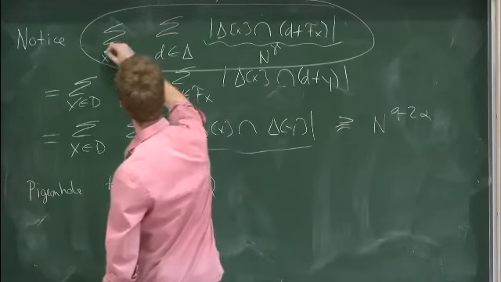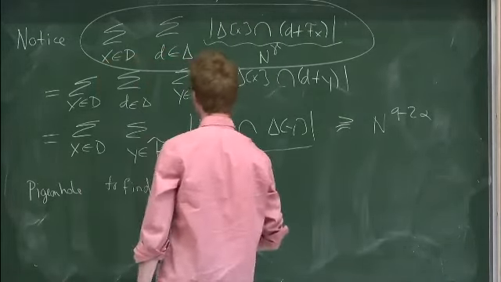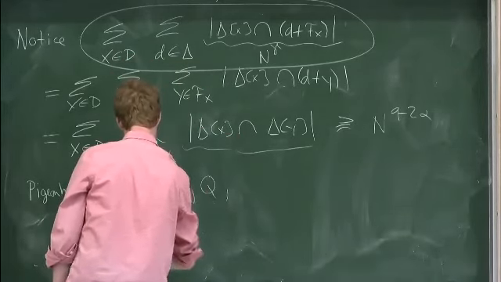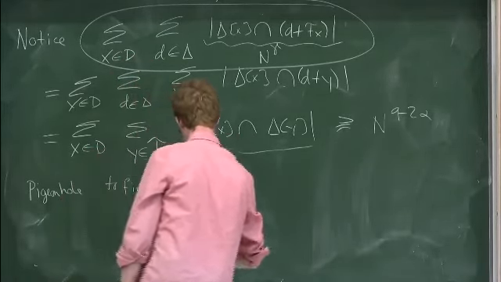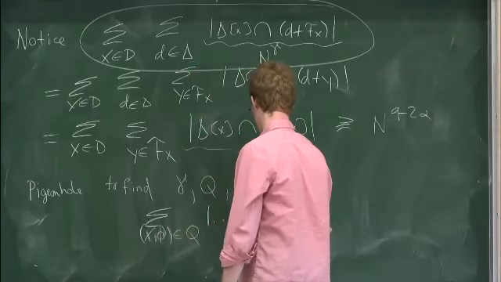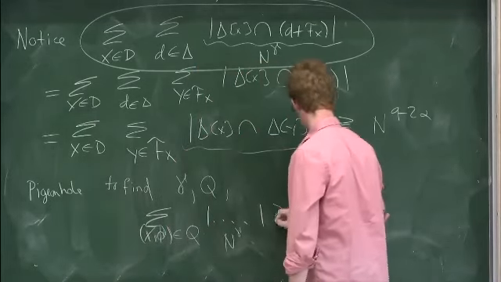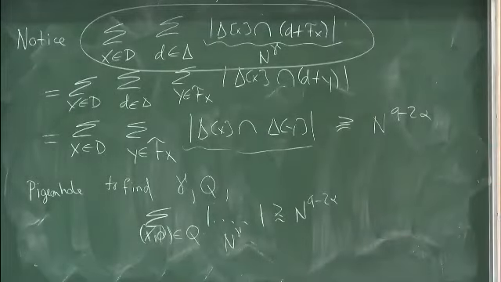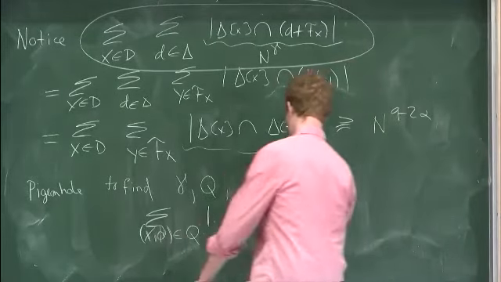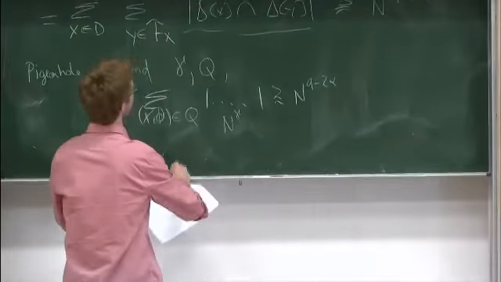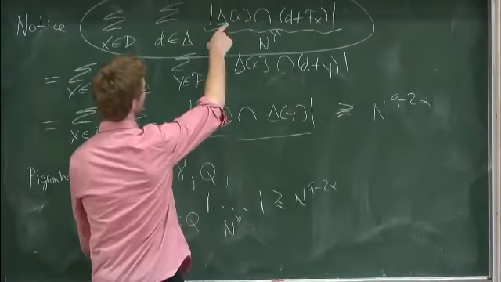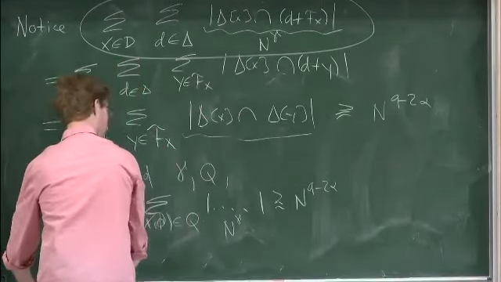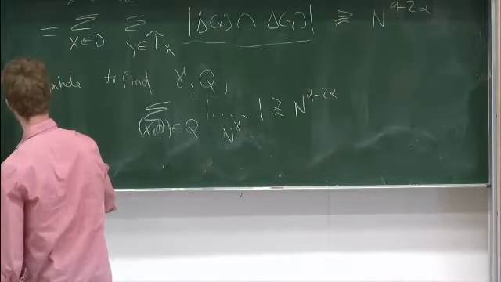And I now have a set of pairs Q such that the sum over X and D and Q of that thing, which happens to be size n to the gamma, is still essentially whatever that number was. And once again, this number is bounded above by n to the 1 plus alpha, because that's the size of that set here. So let's just make a definition.